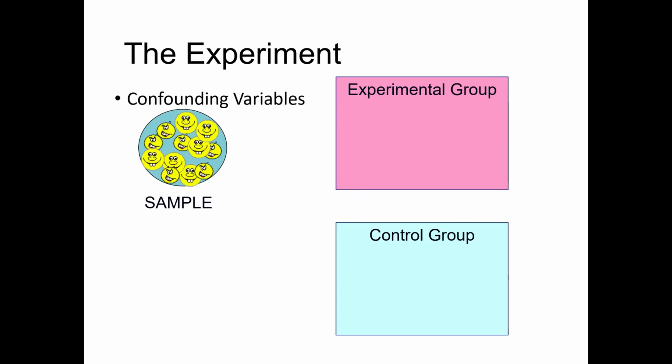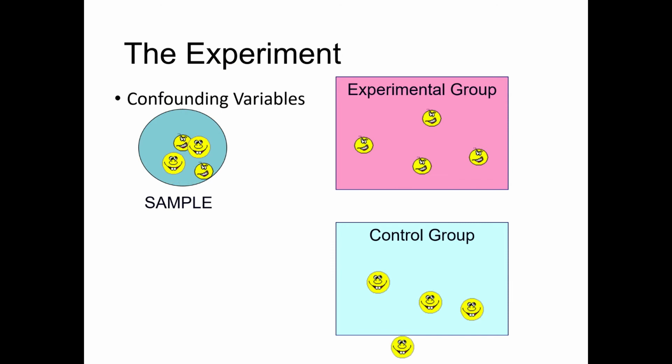And if we do not use random assignment, this may happen. And here we have visualized the confounding variable, in this example, mood. Obviously, depending on one's mood, the likelihood of engaging in aggressive behavior would differ.